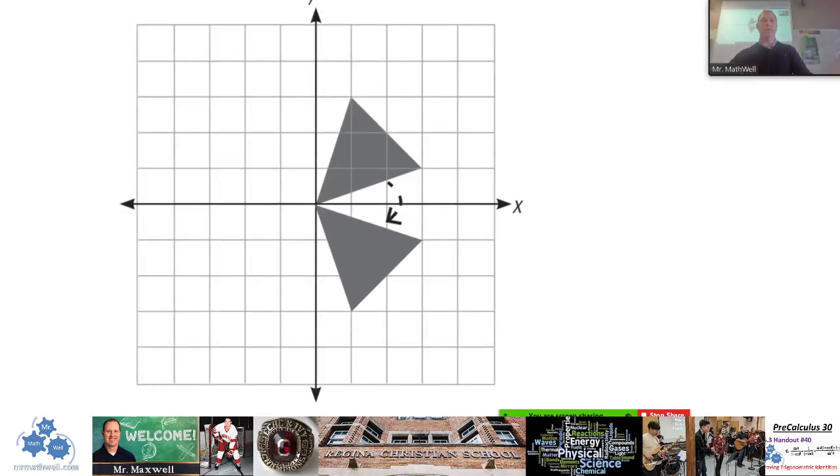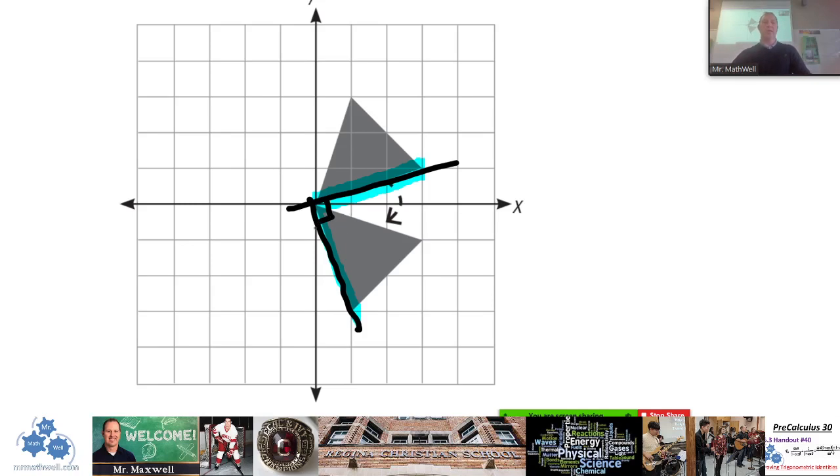Well, an easy way to do that is to take one of the sides of the object, let's say that one, and find the corresponding side. This one's a bit tough, but you can see the corresponding side is down here. And you kind of measure the angle that's formed between those two sides. That's a 90-degree angle, so that's a 90-degree rotation.